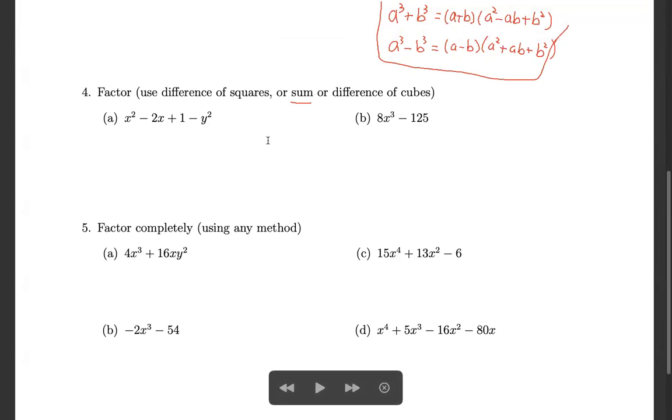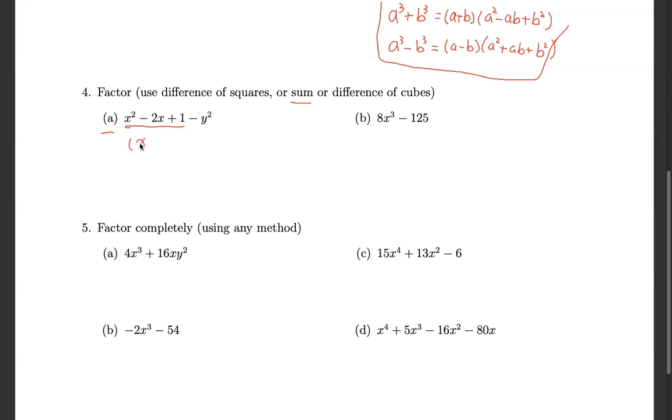So those are these two other formulas. Let's see the first one. We have four terms: x squared minus 2x plus 1 minus y squared. Well, we can group these and factor out these two. x squared minus 2x plus 1 is a perfect square.